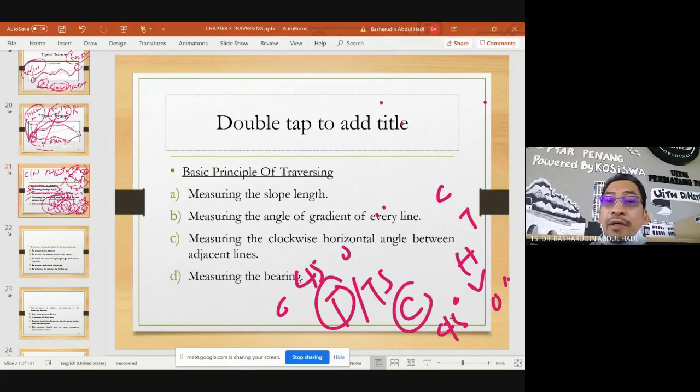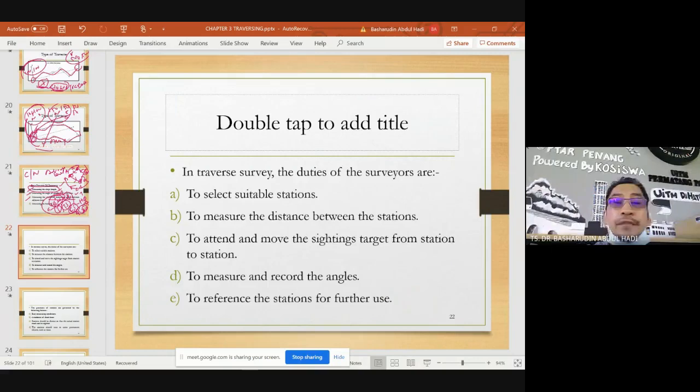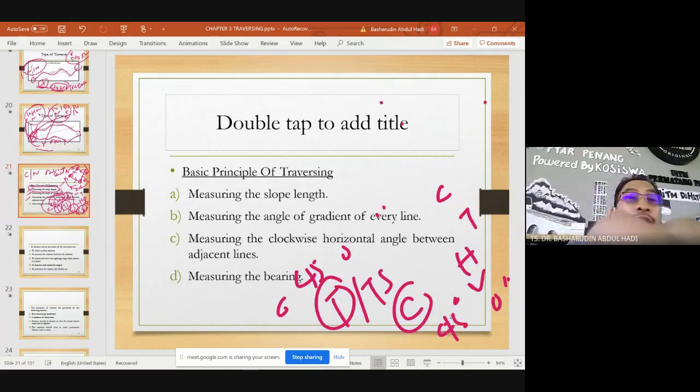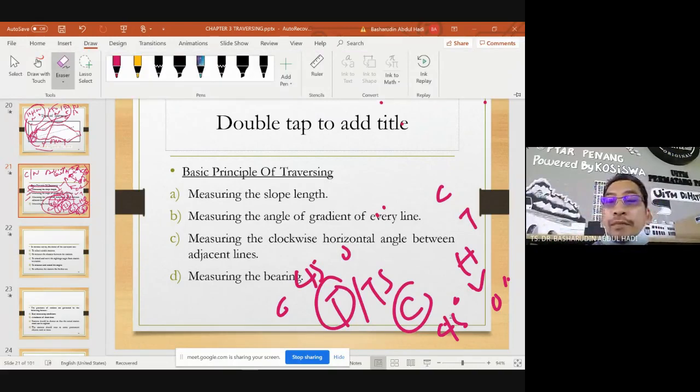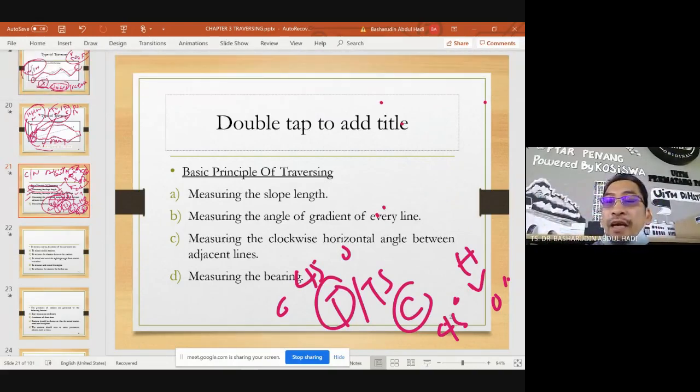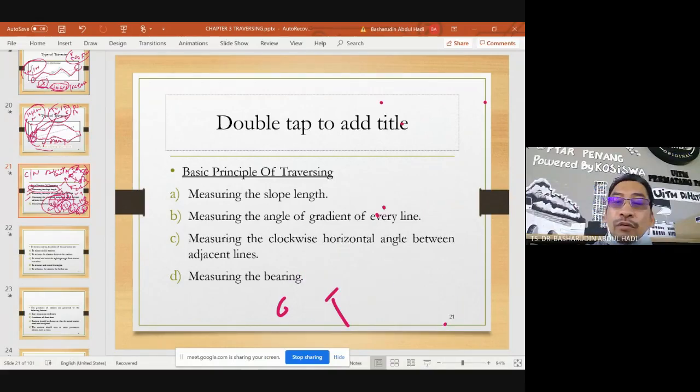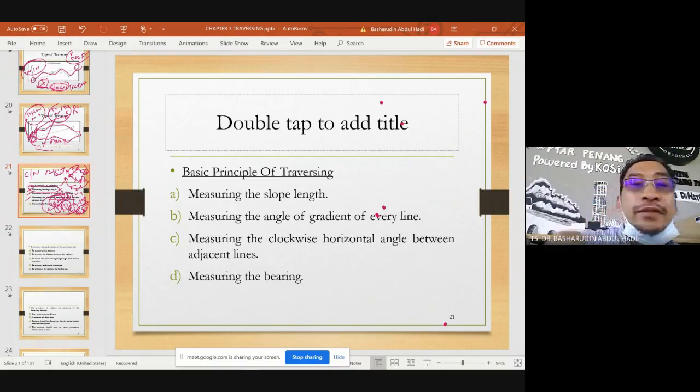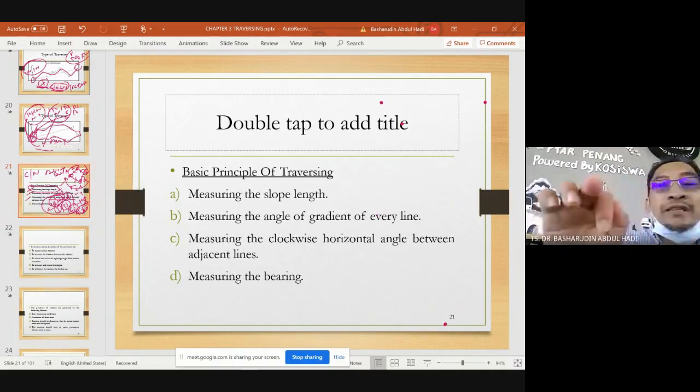Normally students make a fall because they try to measure a slope the same way as they measure flat land, but that is totally wrong. Okay, I will show you the flat land first.